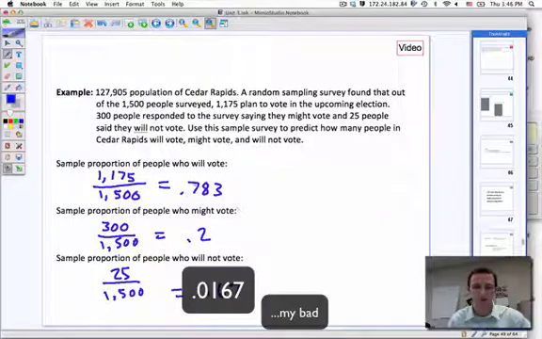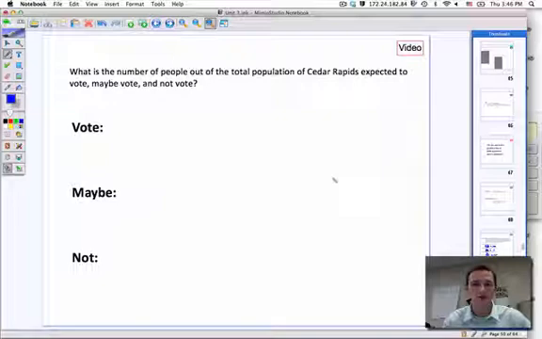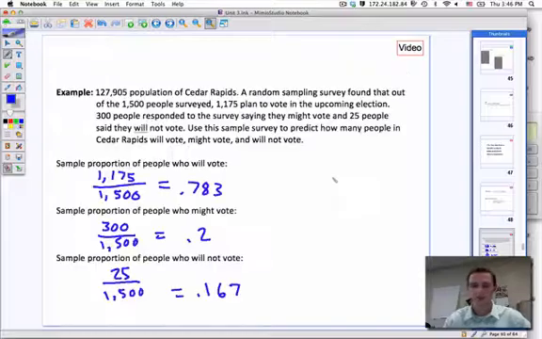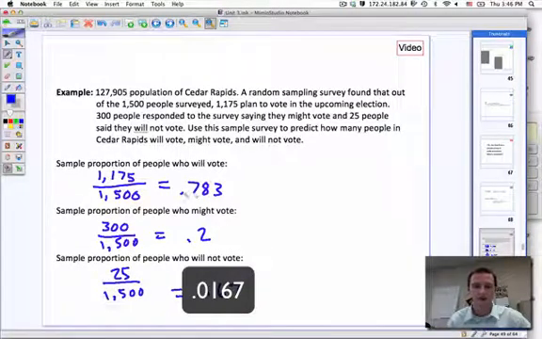Okay, so this represents the whole 1,500 people that were surveyed. Okay, so what we can do now is use these sample proportions to make generalizations about the total population of Cedar Rapids.